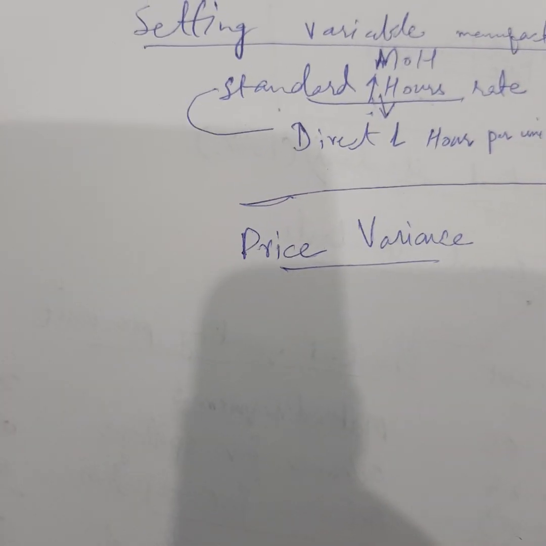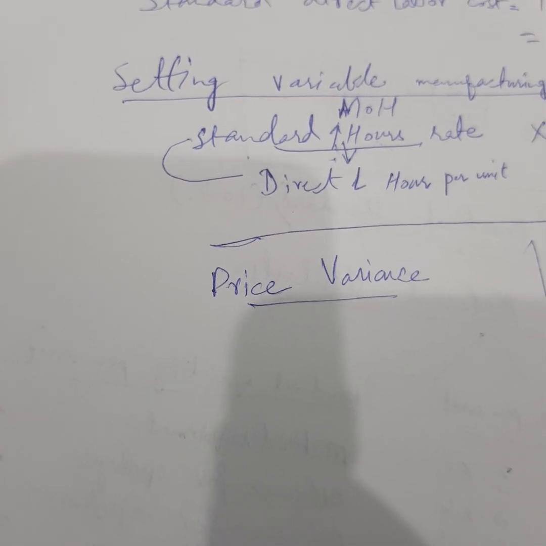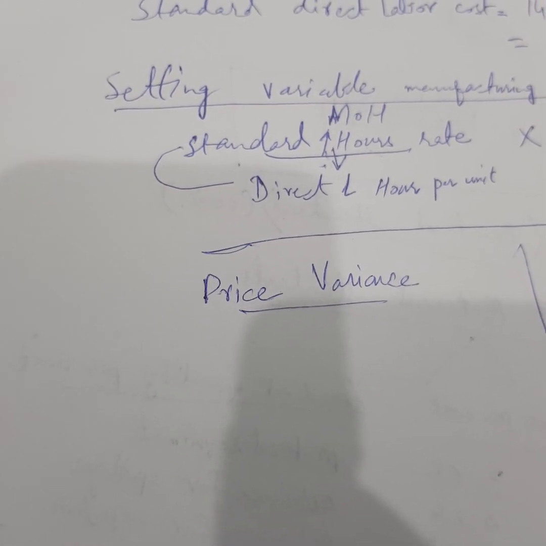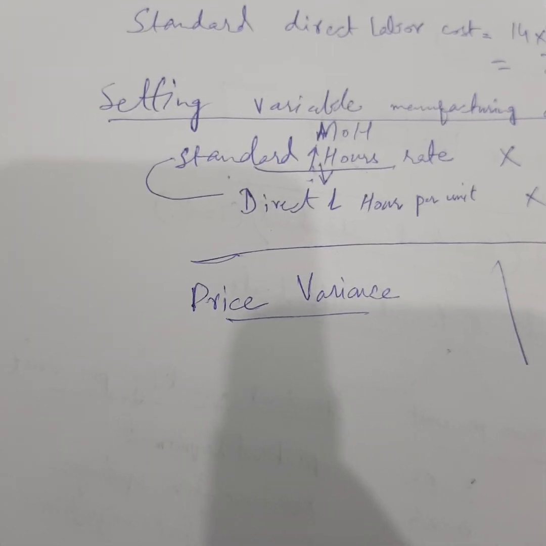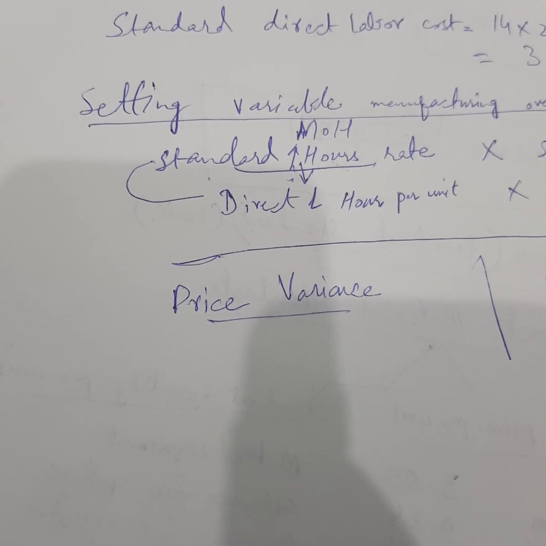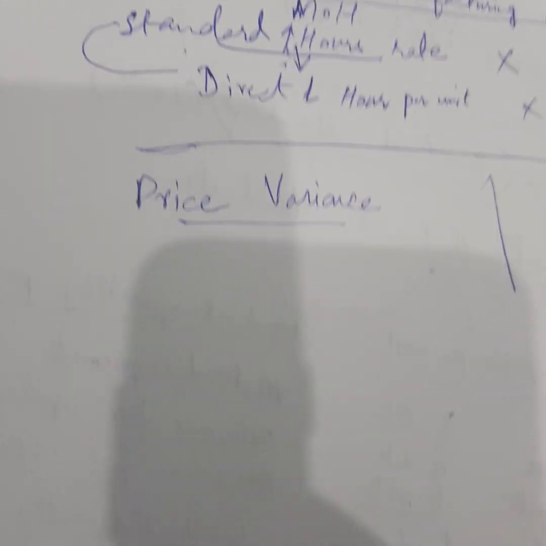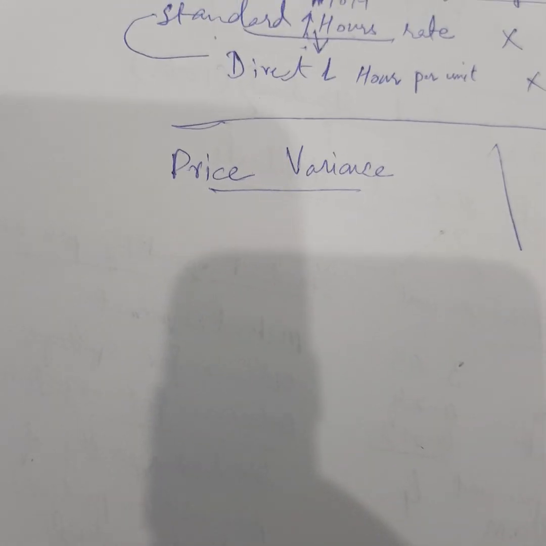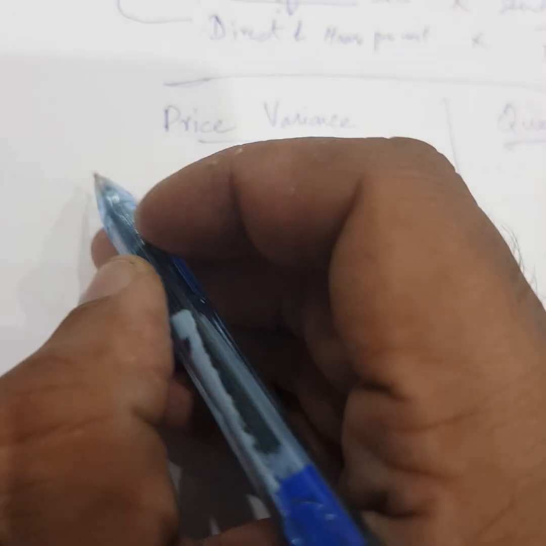So what is price variance? Price variance can be defined as the difference between the actual price of an input and its standard price. We will take the difference between actual price and standard price, and we will multiply it with the actual amount of input purchased. So how will we find out the price variance?